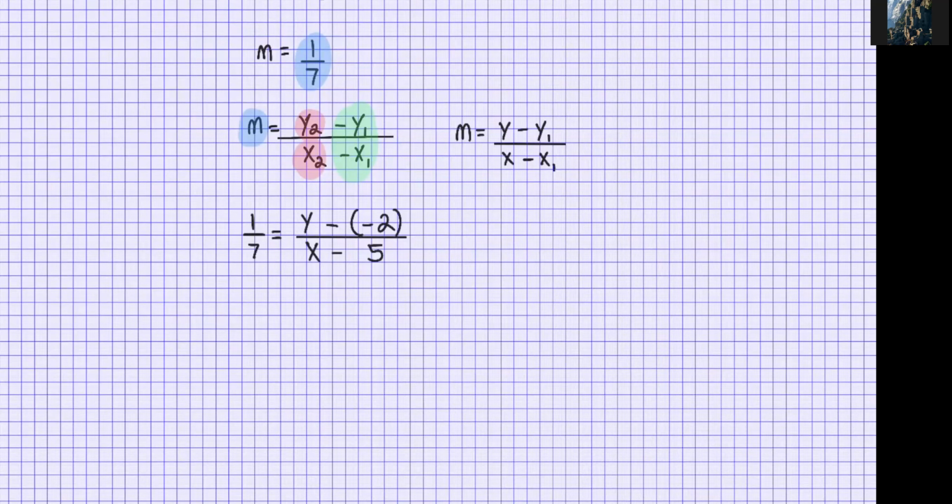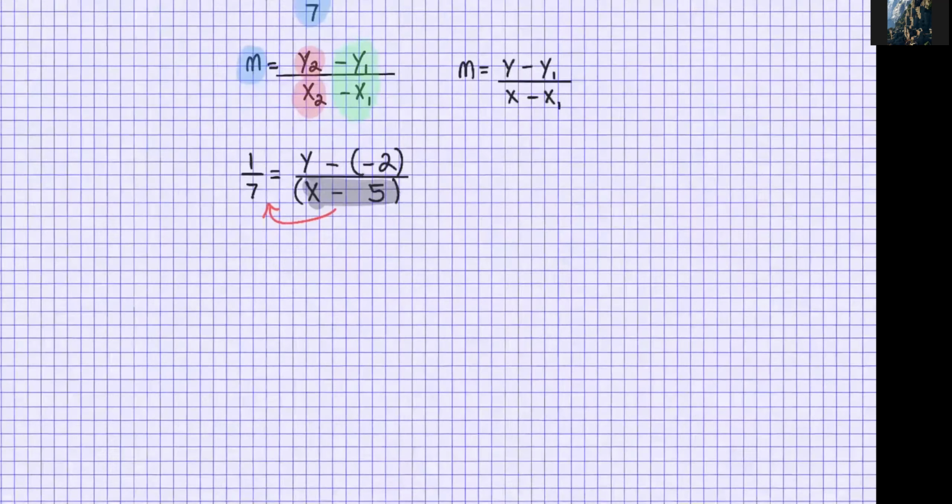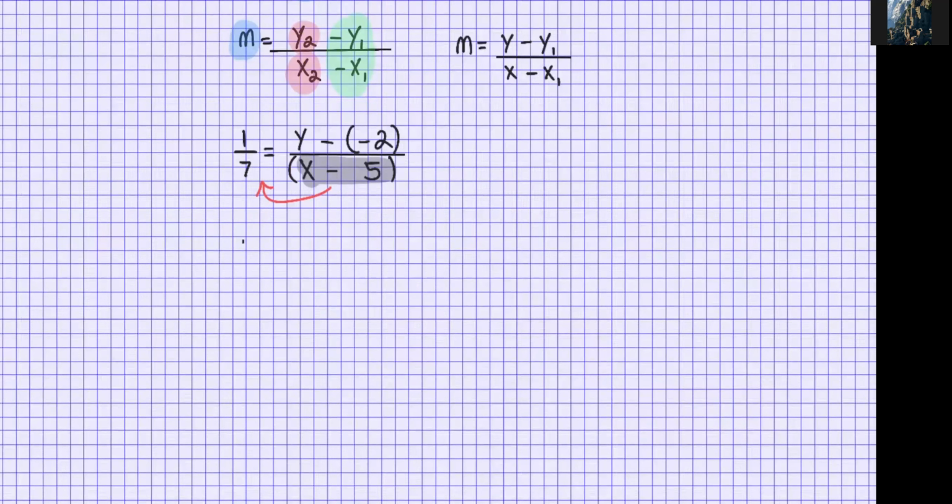The same way as before, x minus 5 is a whole term that is dividing. We're going to send it to the other side, multiplying. So we're going to have 1/7 times x minus 5, and this will be equal to y plus 2.